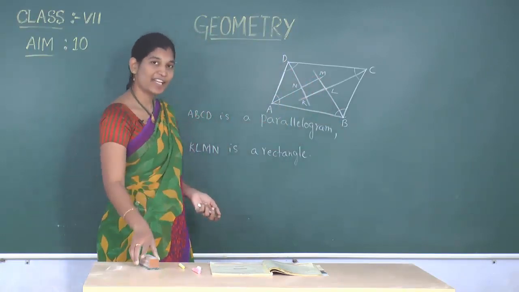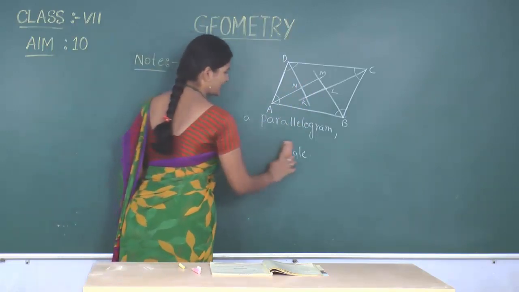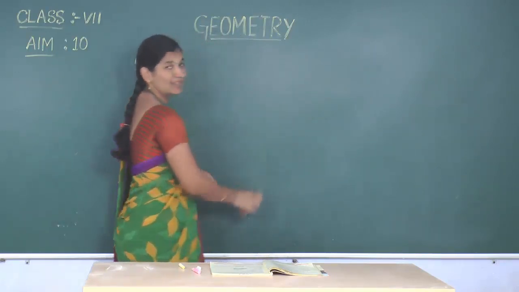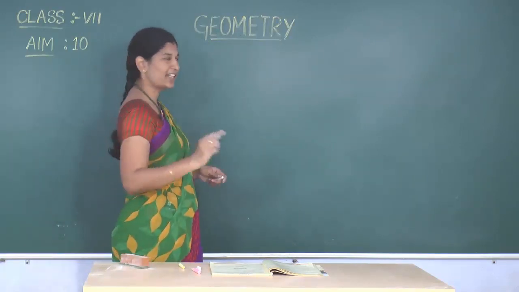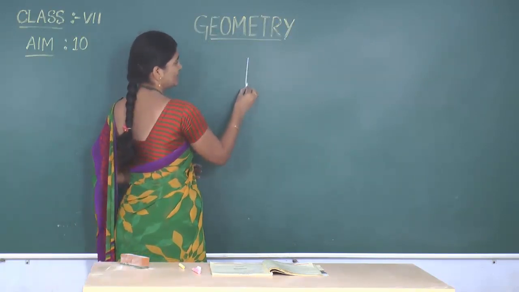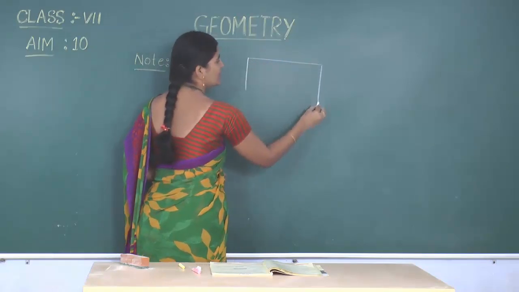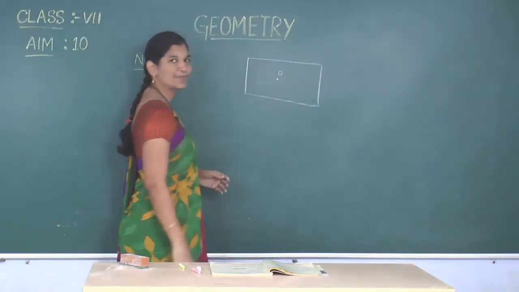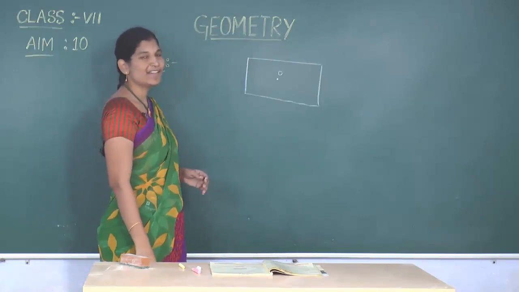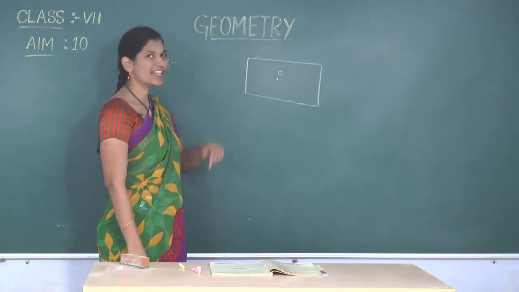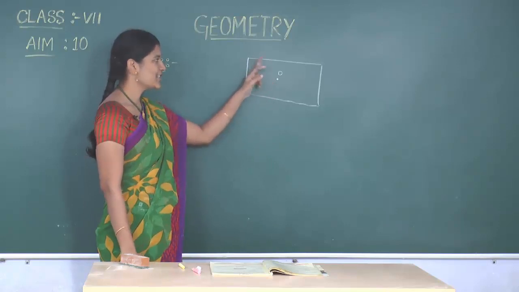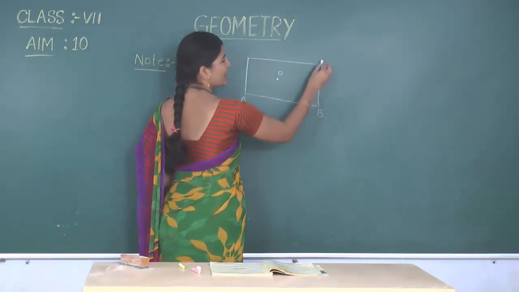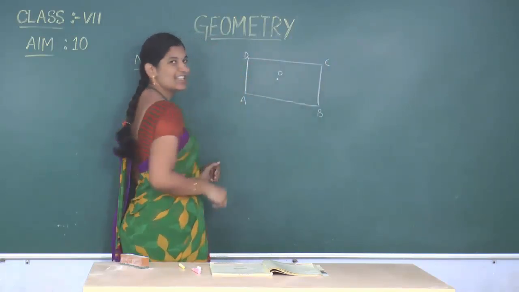And now let me explain one more important property. Now I am going to take a rectangle. This is the rectangle. I am taking one interior point which is O. Interior point means the point which is inside the rectangle. Here O is the interior point of this rectangle. Let me name the rectangle ABCD.